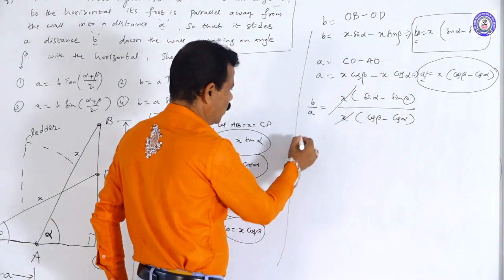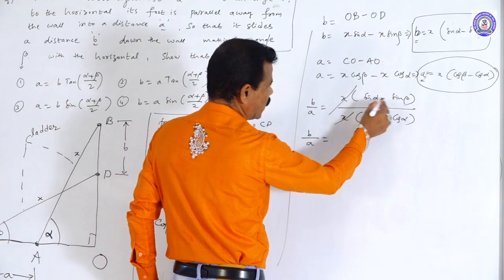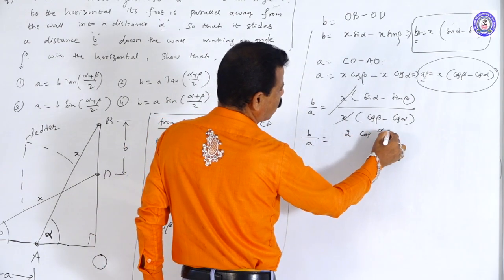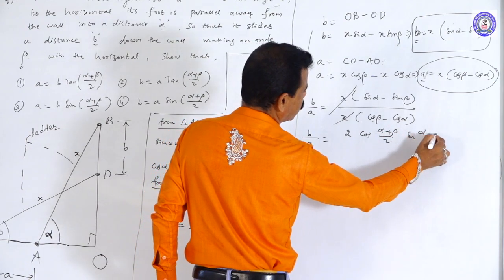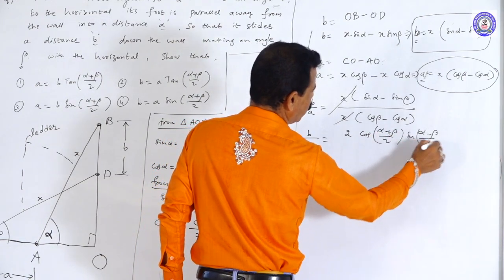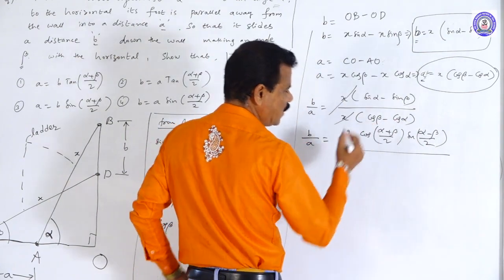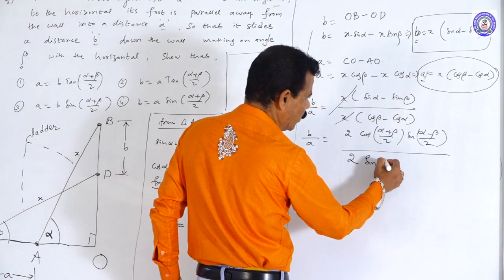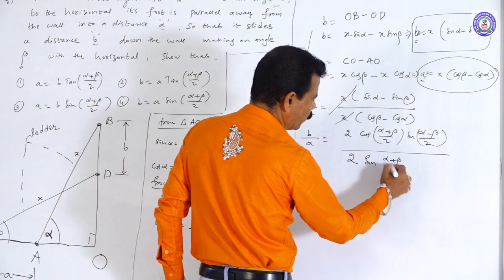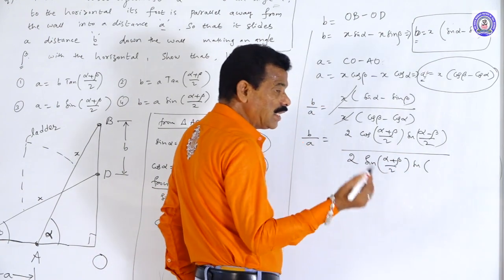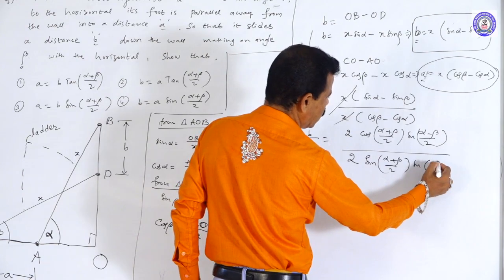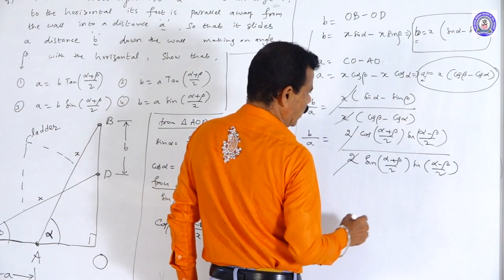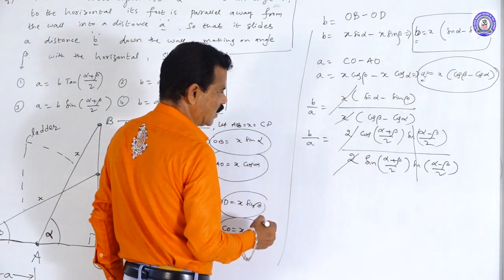After this, B by A is equal to, using the sin C minus sin D formula, 2 cos (alpha plus beta) by 2 sin (alpha minus beta) by 2, divided by the cos C minus cos D formula, 2 sin (C plus D) by 2, so here also (alpha plus beta) by 2, sin (D minus C) by 2, where D is (alpha minus beta) by 2. The 2 cancelled, and sin (alpha minus beta) by 2 on both sides also cancelled.